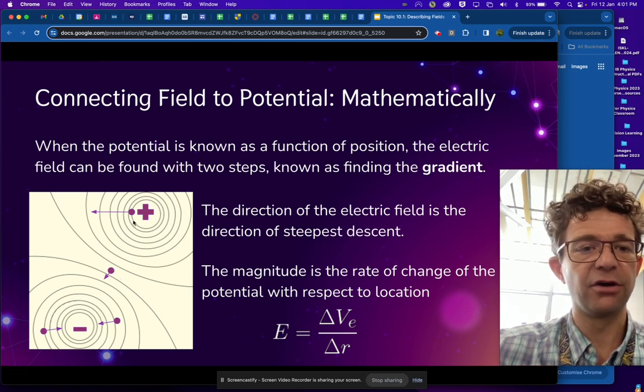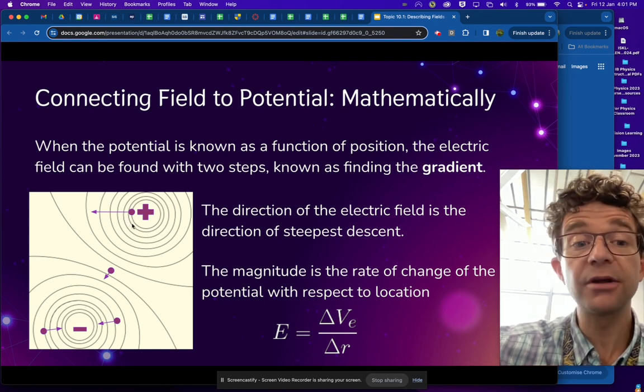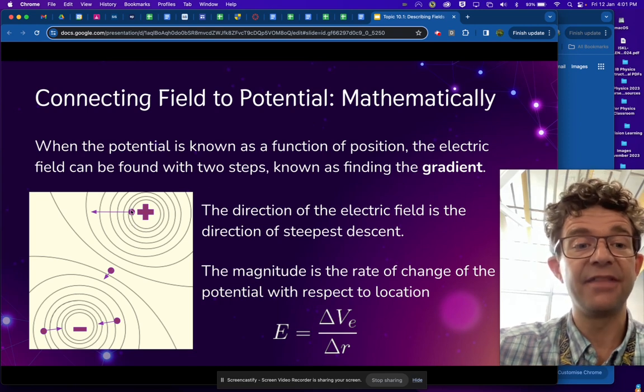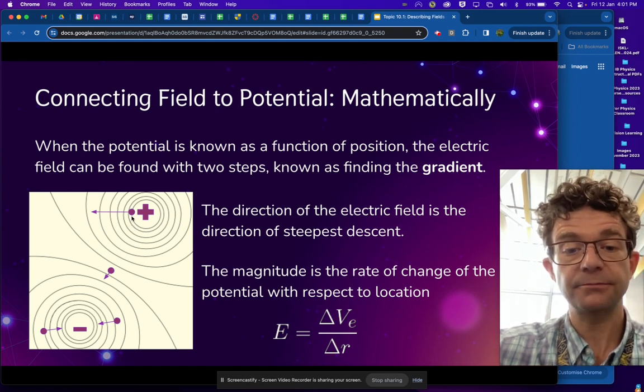On the other hand, over here, that change in 1 volt would be over maybe a quarter of a centimeter, a millimeter, something like that, and the value would be larger.